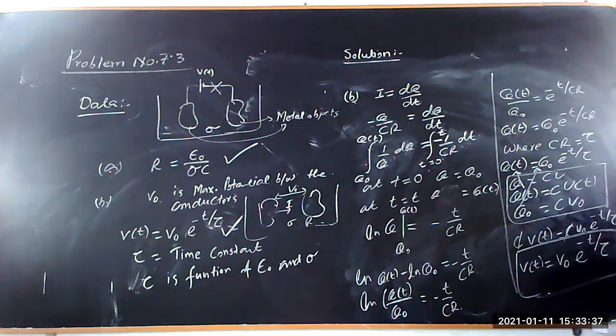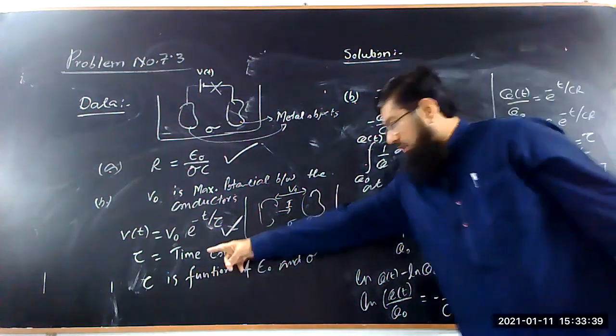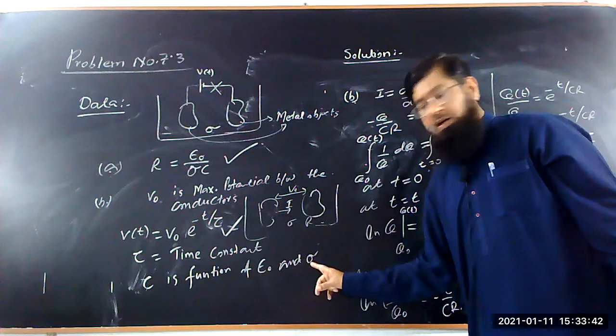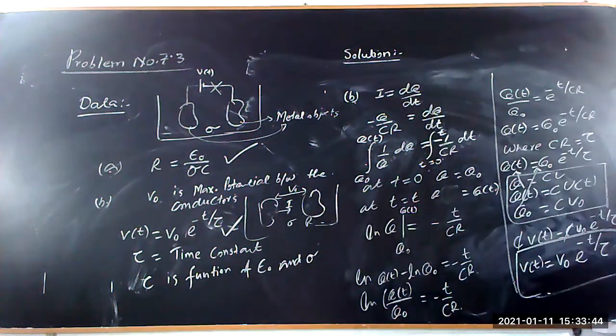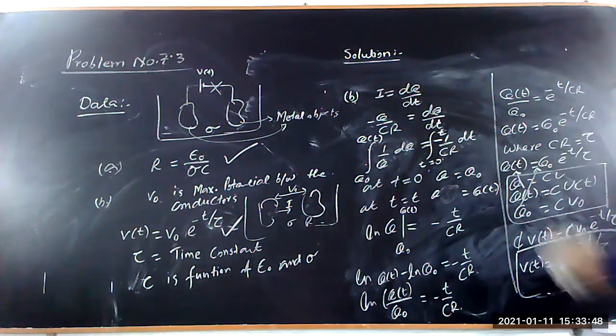So now we are discussing the second part, that this tau is a function of epsilon naught and sigma. So now look, tau is a function of epsilon naught and sigma here.